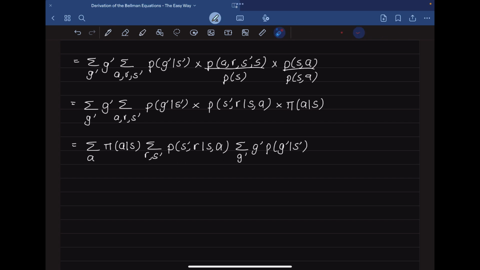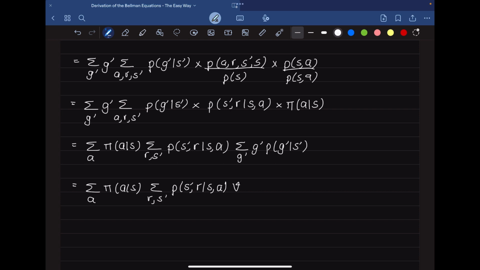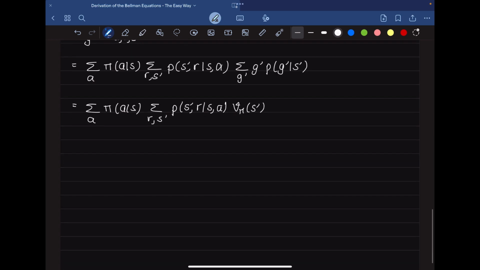Now if you note carefully, this quantity over here is nothing but the state value function for the next state s prime, right? And so I can rewrite this as summation over all a, and then this is V pi of s prime, right?